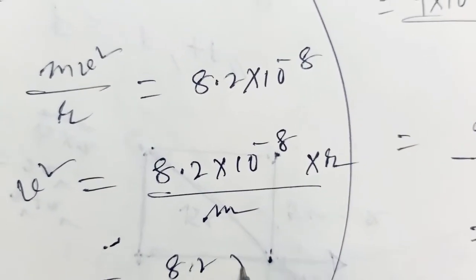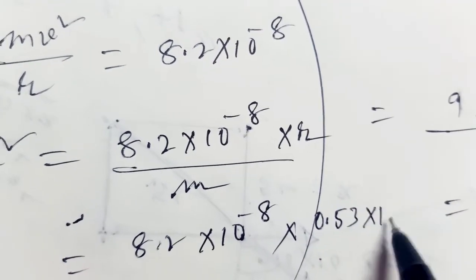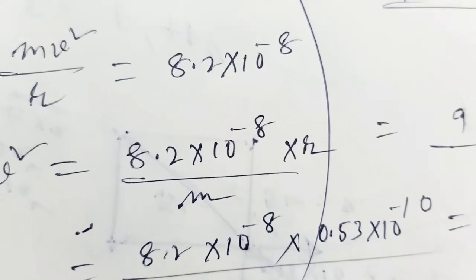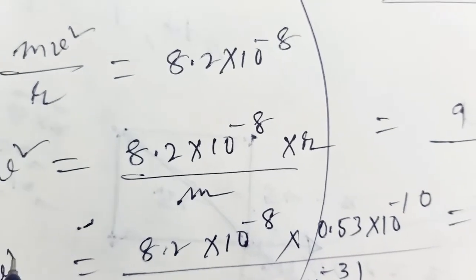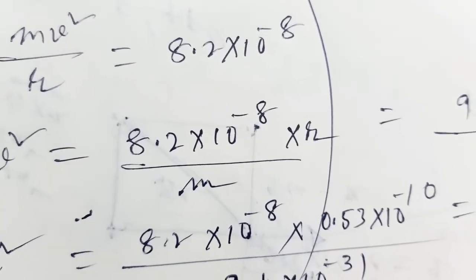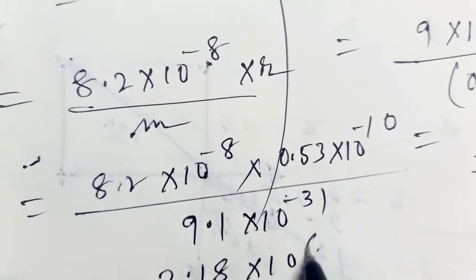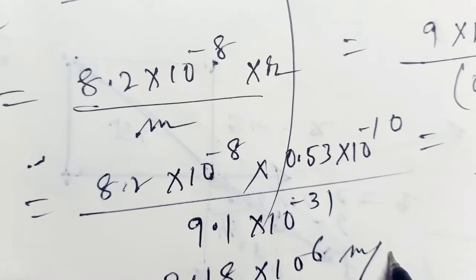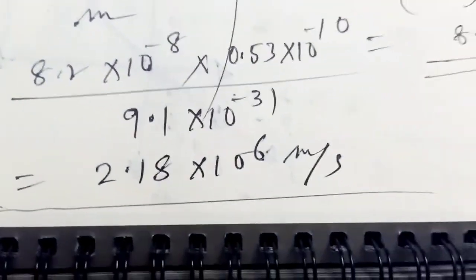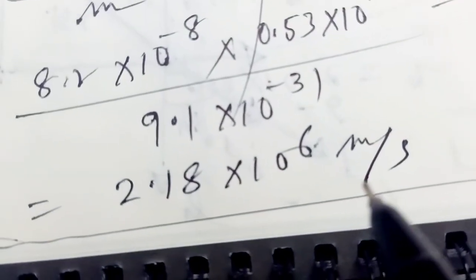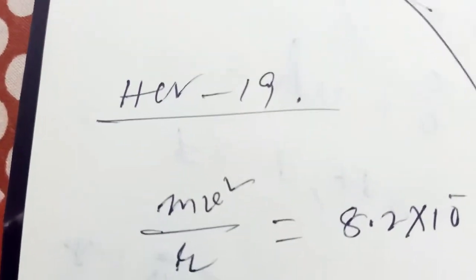This means 8.2 into 10 to the power minus 8 into r, that is 0.5 angstrom, that is 10 to the minus 10, divided by the mass of the electron, 9.1 into 10 to the minus 31. If we calculate the value of v, then it will be 2.18 into 10 to the power 6, and the calculation is same as the previous one. So 2.18 into 10 to the power 6 meter per second. This is the answer. So it is completed, question 19.